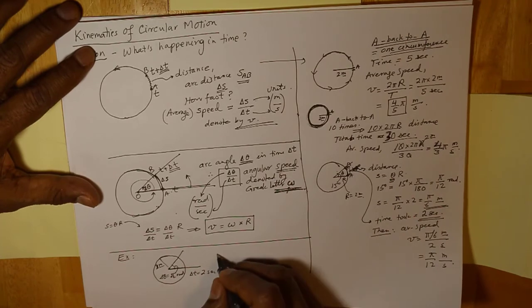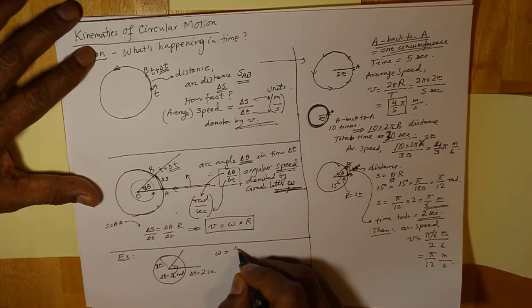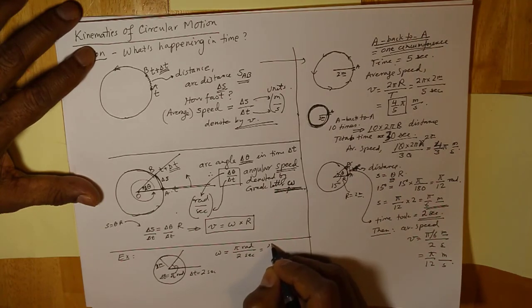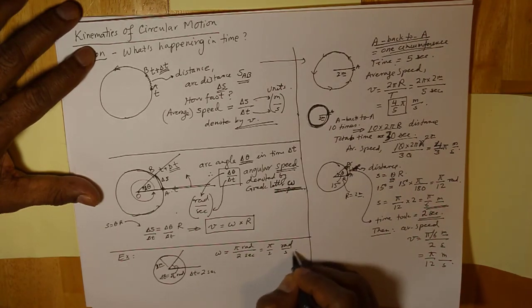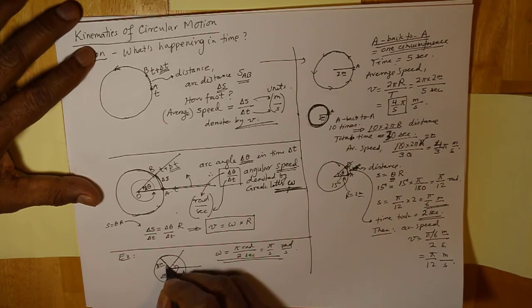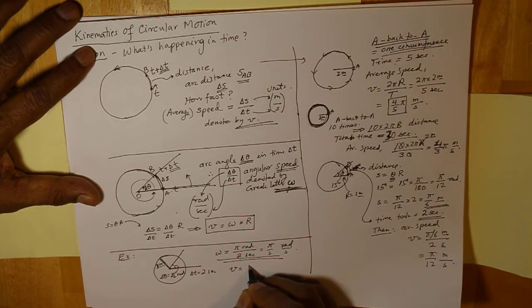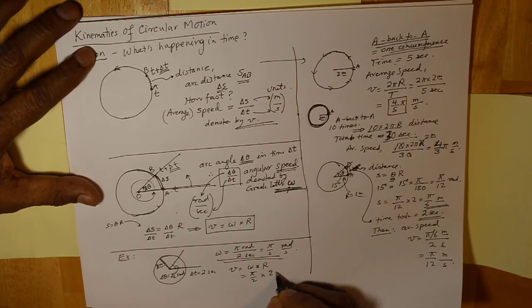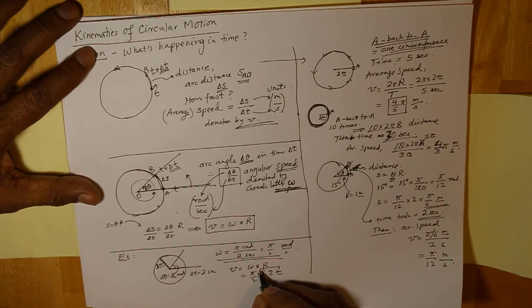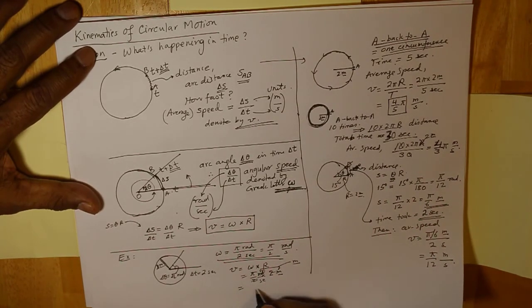Then omega is pi radians over 2 seconds, so pi over 2 radians per second. If I know the radius, I can figure out v as omega times r, so pi over 2 times 2 meters. You can see radians and meters multiply to give meters, so that's pi meters per second.